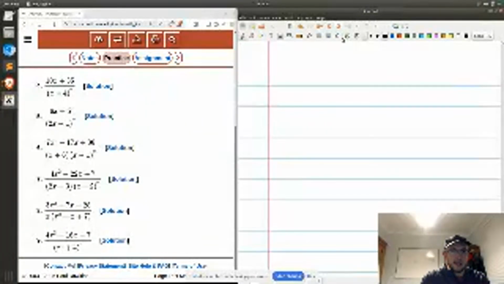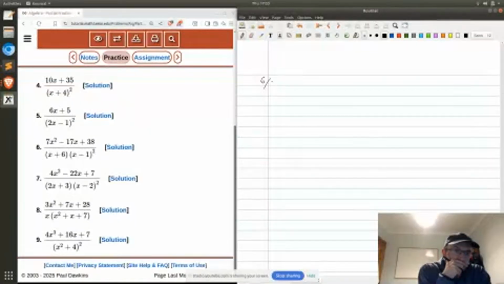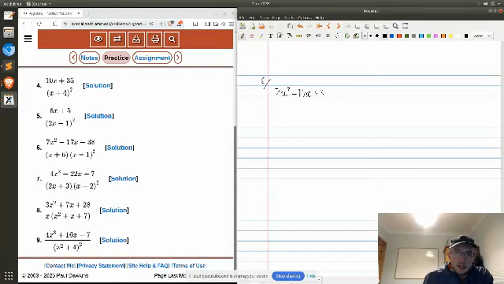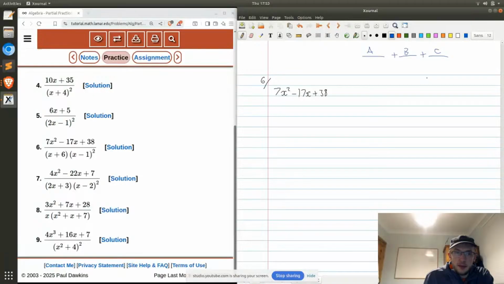Problem 6 now. Okay, 7x squared minus 17x plus 38. So I'm going to visualize a over something plus b over something, c over something.